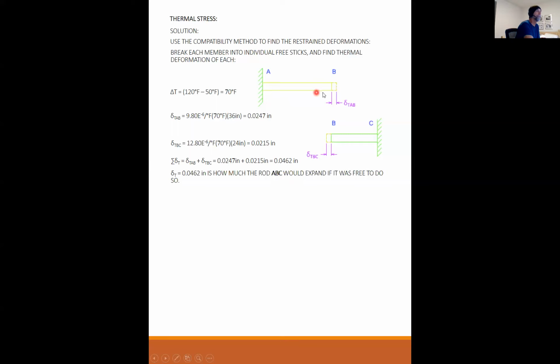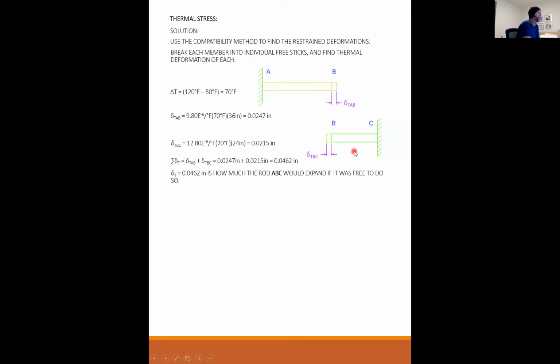So as the rod tries to expand, AB and BC are just going to squish into each other. And what that's going to cause is a force in AB and a force in BC. But AB and BC are not the same material, and they're not the same length.